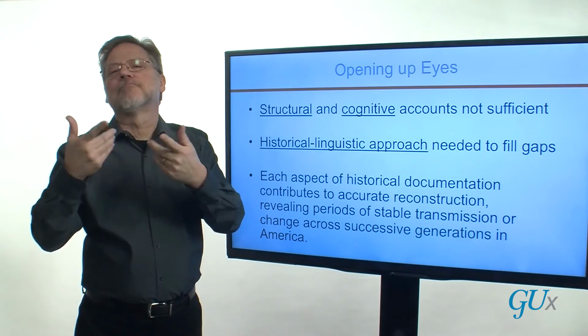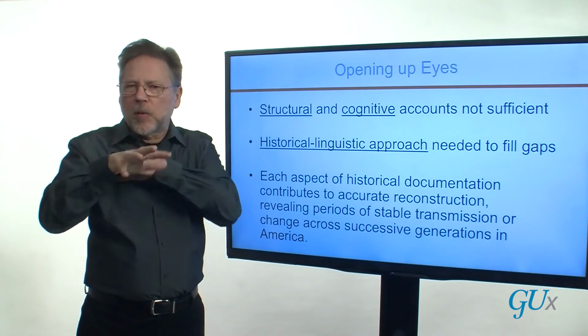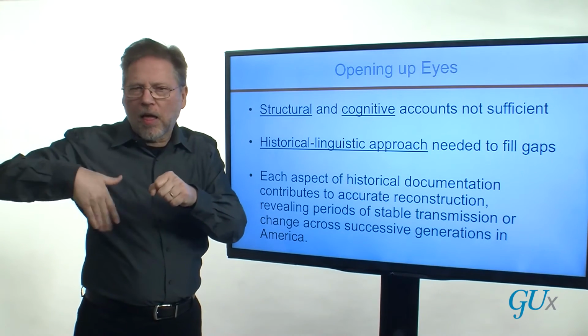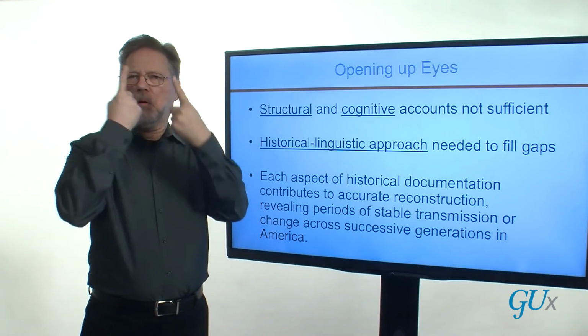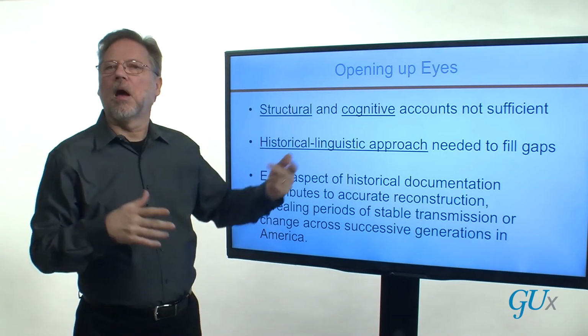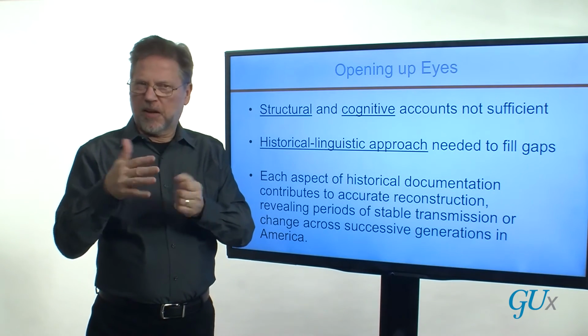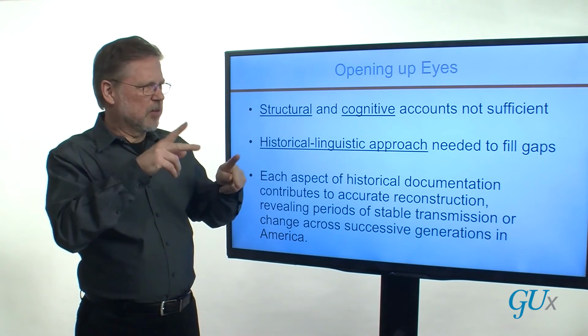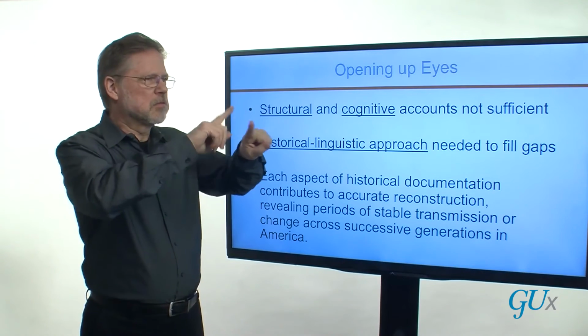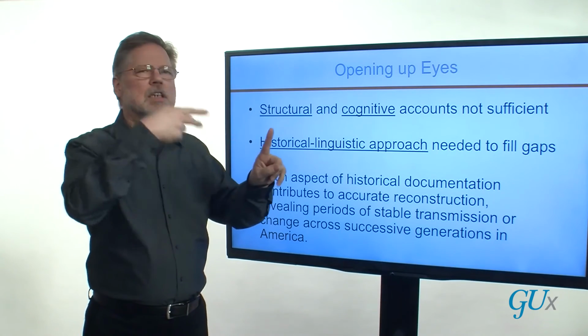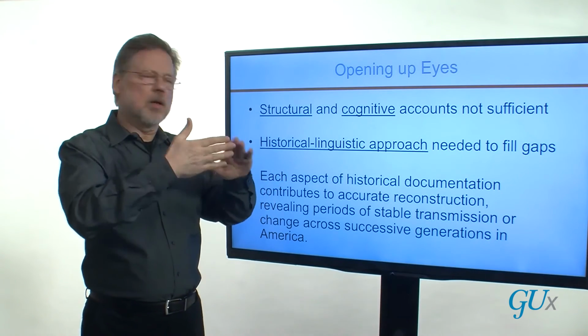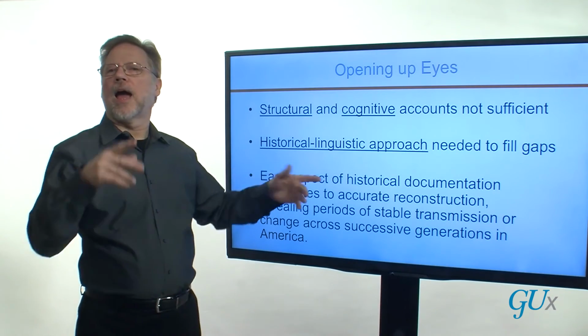Sometimes variation has to do with the age of exposure, which would influence how a person signs, especially if they aren't fully proficient. The two types of accounts weren't sufficient to understand why people in different places signed differently. Differences are tied to the history of a community, warranting an historical linguistic approach to fill these gaps.